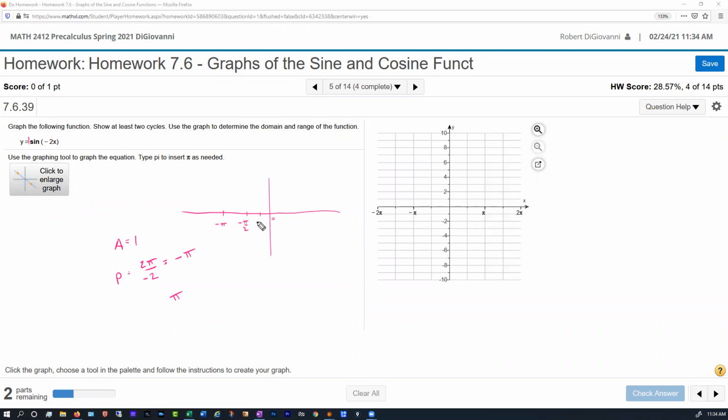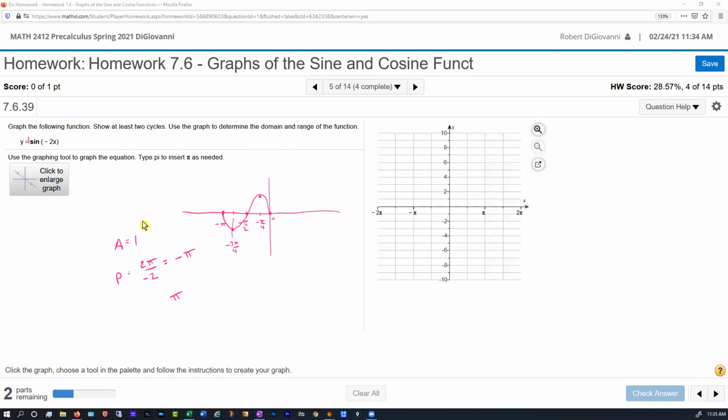And then halfway there is -pi over 4. And then that means this is going to be -3 pi over 4, like that. We know it's a sine function, so it starts here, ends here, and in the middle we have 0. And then we know that it goes up and then down. So it'll look like this.